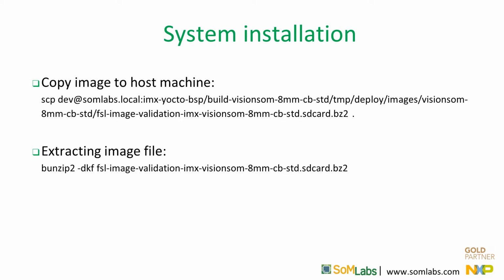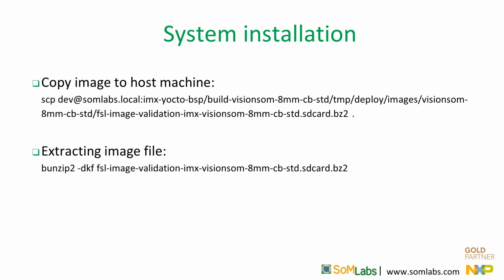Assuming we are using a provided virtual machine, we should first copy the compressed system image to the host using the scp command. It is shown along with the path to the image on the slide. After copying it to the host, we should unpack it with the bunzip2 program available on Unix systems.